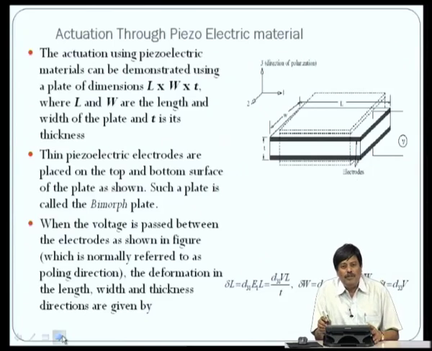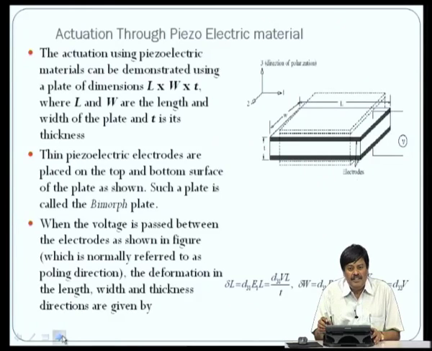Now let us talk about actuation. As I said, when we pass an electric field, the mechanical structure elongates, causing strain. In this respect, let us consider the structure shown here, which has a length, width and thickness in this direction.